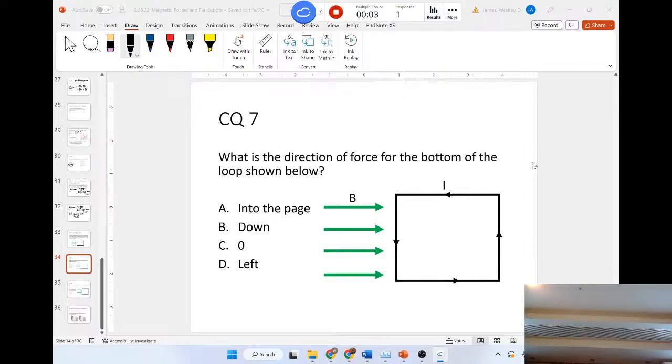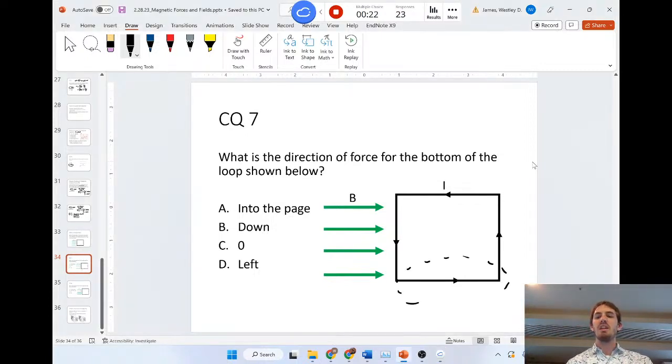What is the direction of force for the bottom of the loop shown below? It's the same exact loop. So on the bottom, current is going to the right, and everywhere, the magnetic field is going to the right. So we are just exploring what the force is on just the bottom section here. Each section of this loop will experience a force, and we're going to break down each piece.